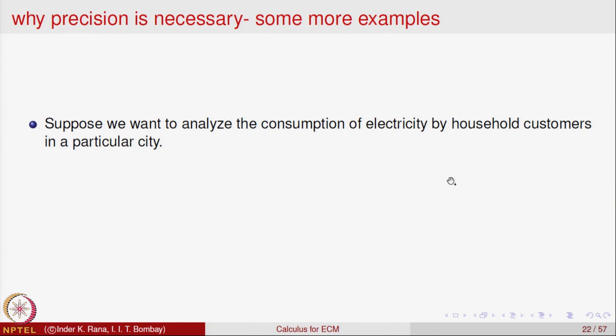Next, what is a household customer? We have to define that. Probably that is also well defined.